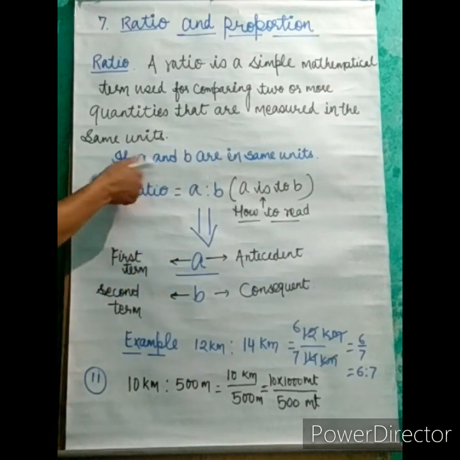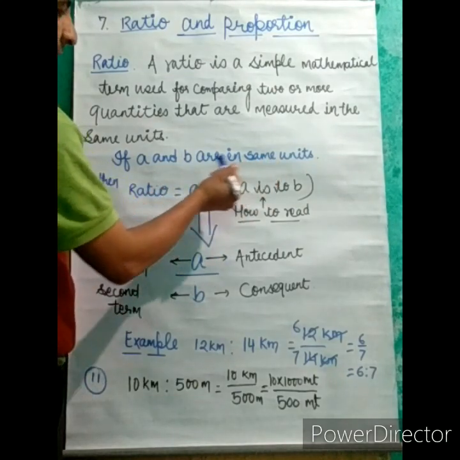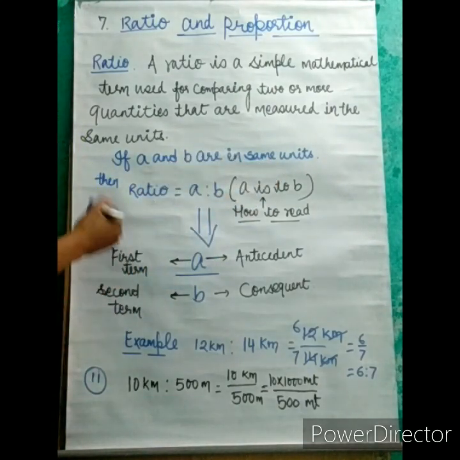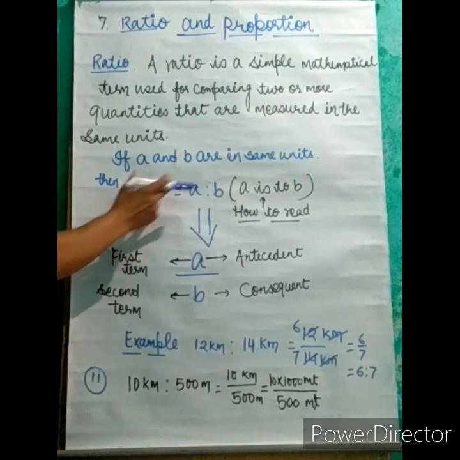So if A and B are in the same units, then a ratio will form between these two quantities.